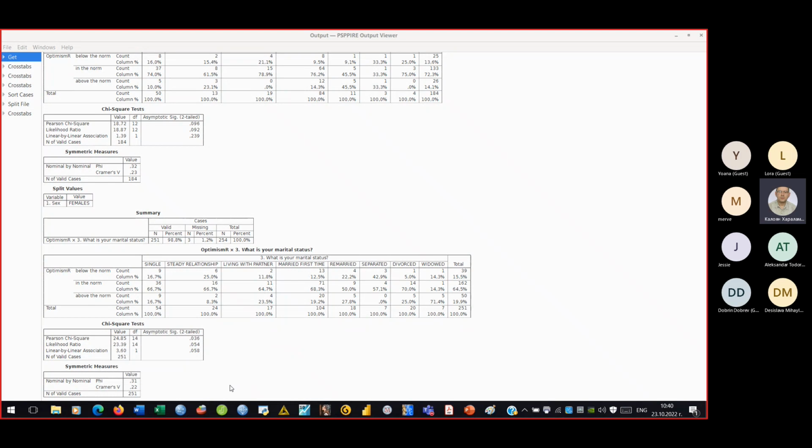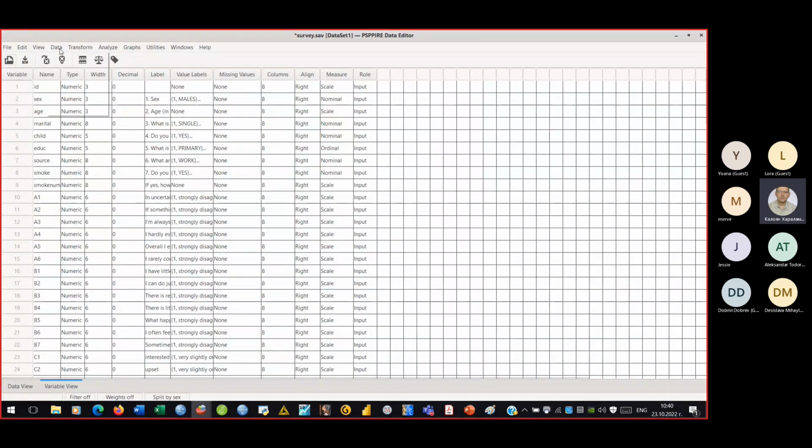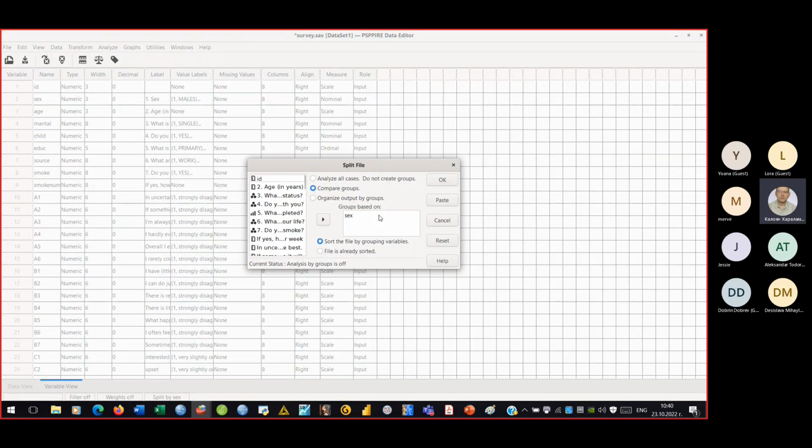If you want to add more additional independent variables, then in data, split file, in this field, you can move more additional independent variables, not only one, but for example, one is enough.